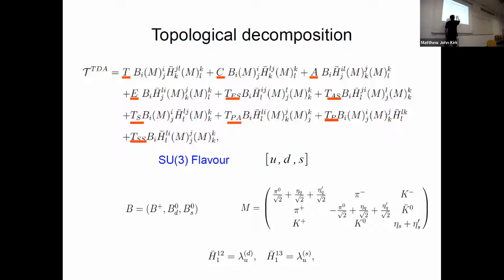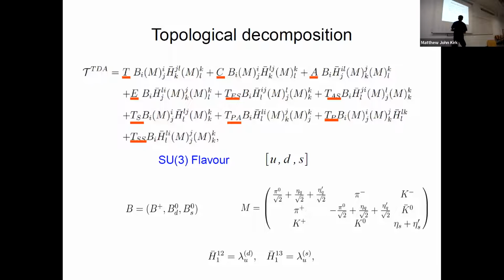You combine that with the down, you get this B_d^0. You combine that with the s, you get this B_s^0. So all three initial states can be very conveniently arranged in an SU(3) vector. That's quite nice. So this B_i just refers to this vector in components.